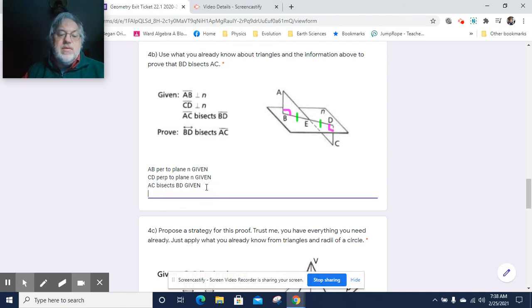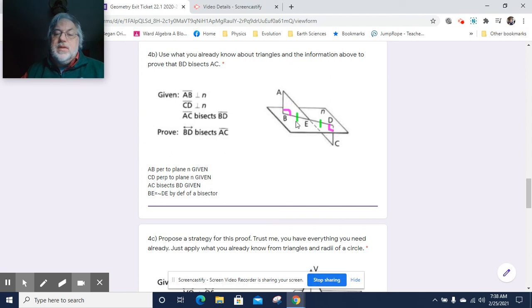So here we go. BE is congruent to DE by definition of a bisector. Okay. Now we can also say that these two angles are vertical angles, so those angles are congruent.